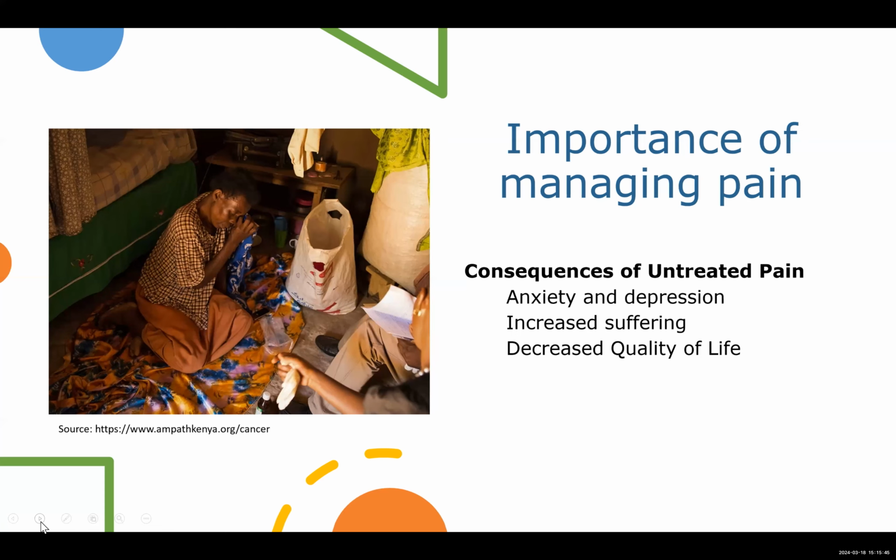This is one of the biggest reasons we want to figure out how to talk to patients about pain. How do we ask them? How do we help them rate their pain? How do they score their pain so that we can better know how to treat it? Because untreated pain often results in these things that I've just mentioned.